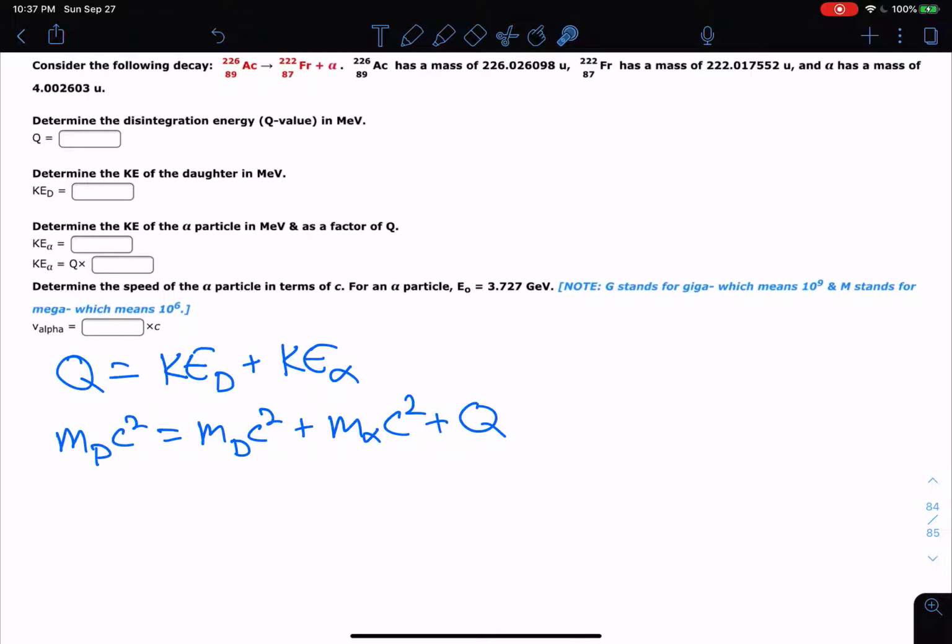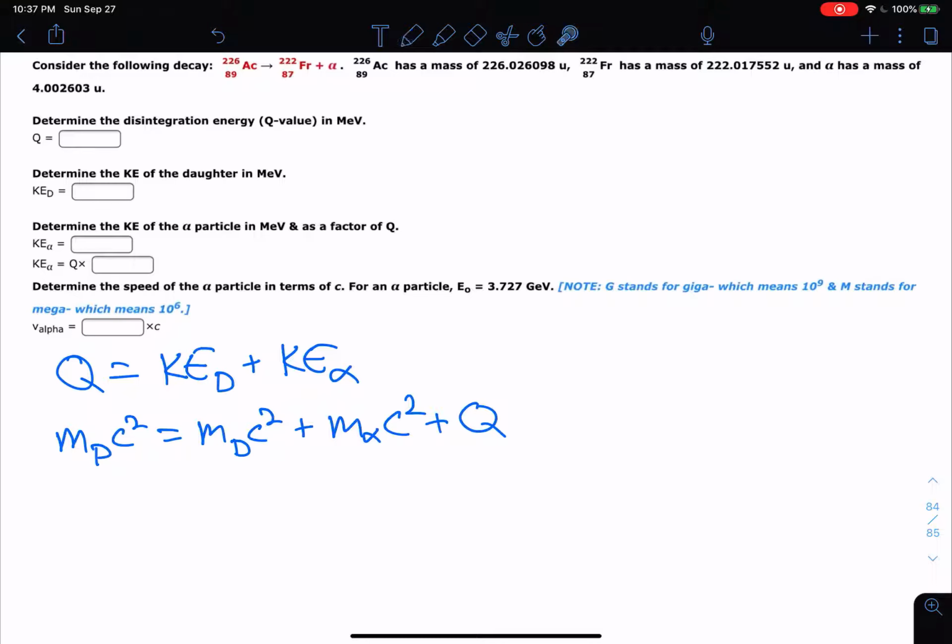So this formula here is really straightforward to get Q now because you have the masses, they're stated up here in the problem. Notice that these masses are in terms of u, atomic mass units. I recommend that you convert these into mega electron volts per c squared.